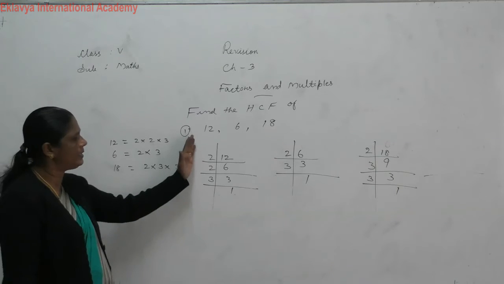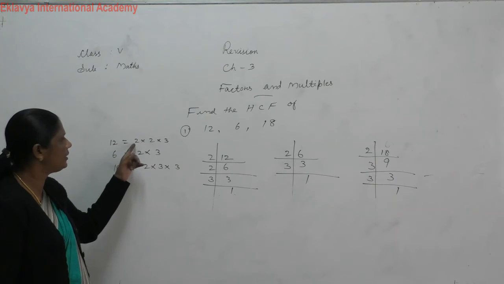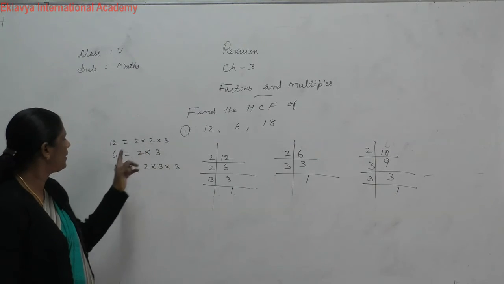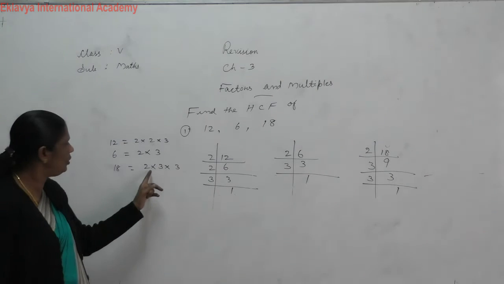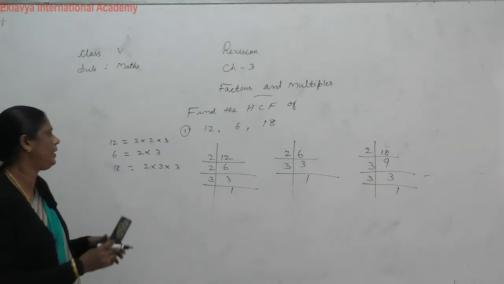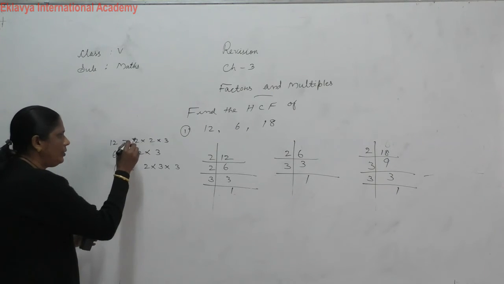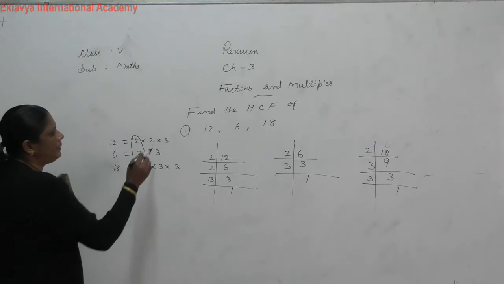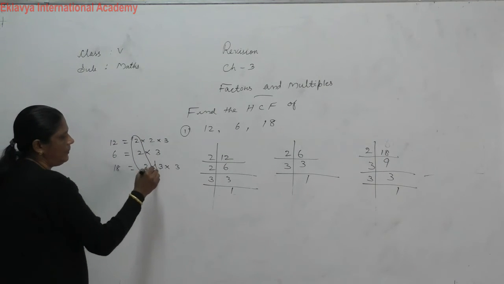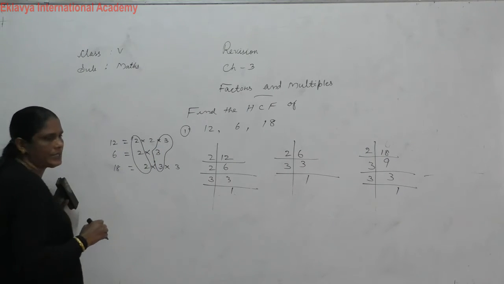First we arrange the numbers. 12 is equal to 2 into 2 into 3. 6 is equal to 2 into 3. 18 is equal to 2 into 3 into 3. Now this 2, this 2, this 2 is in common, circle this. Then this 3, this 3, this 3, we circle.